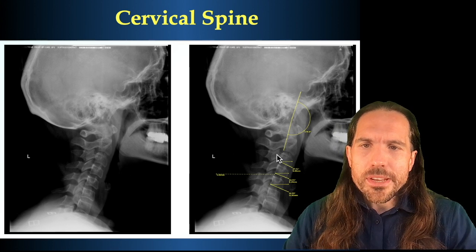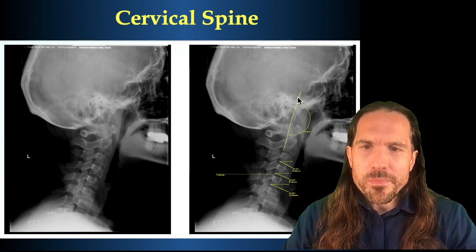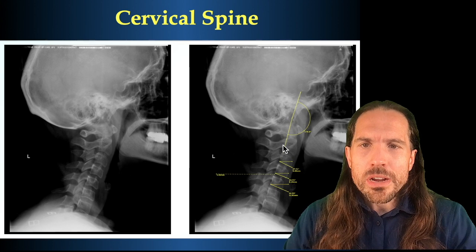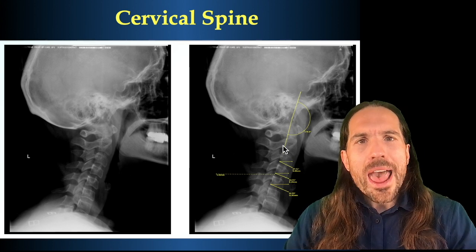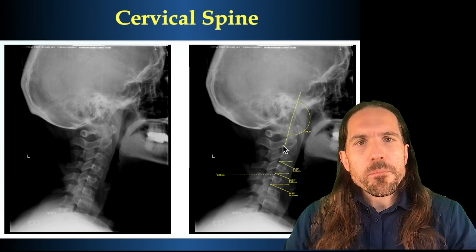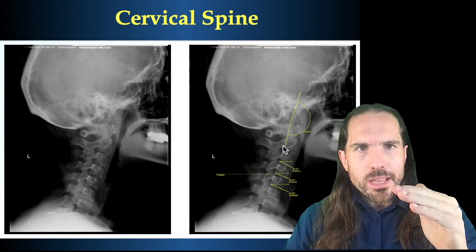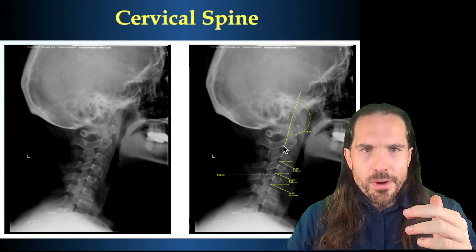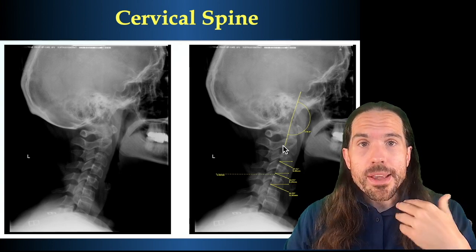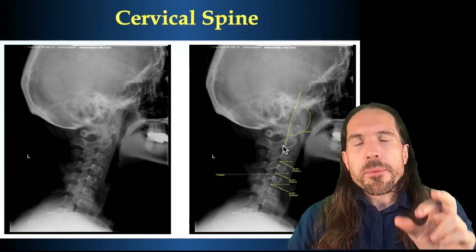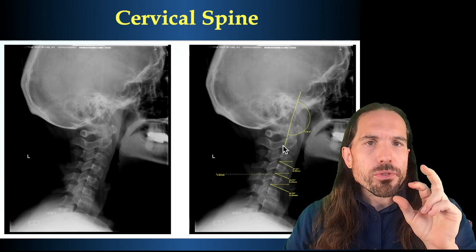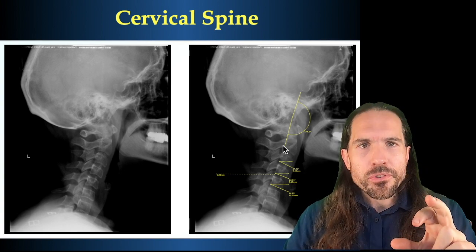The other thing that we did was we did this little measurement right through here. This is what's known as a clivo-axial angle. In brief, it's the relationship between the base of the skull, where the medulla is going to rest, and the upper part of the neck. The normal range should be about 150 to 165 degrees.